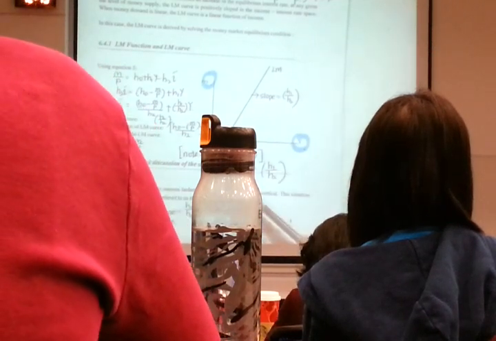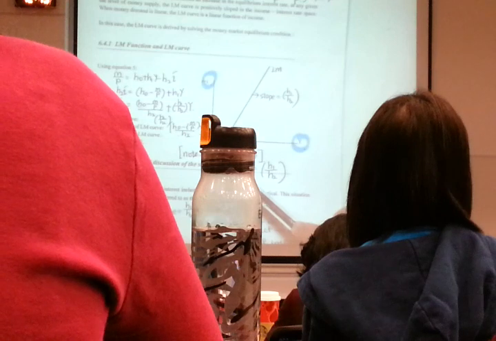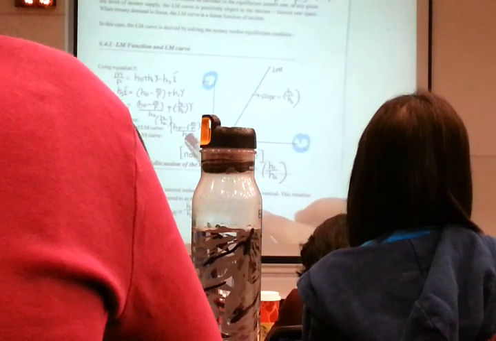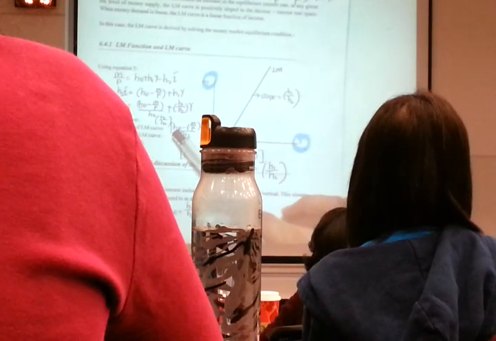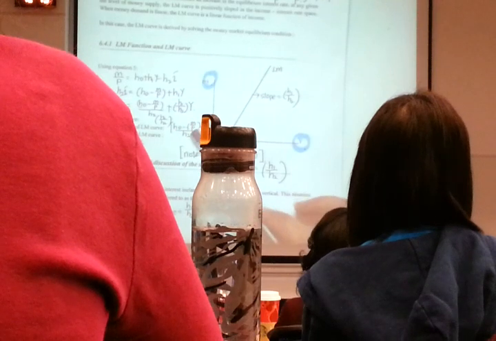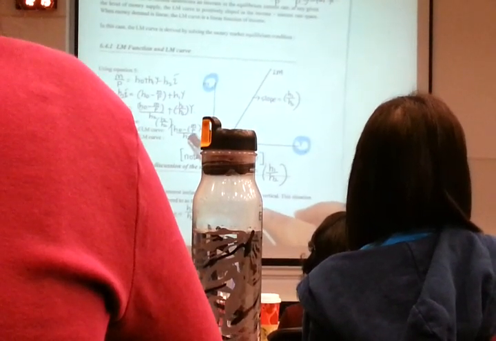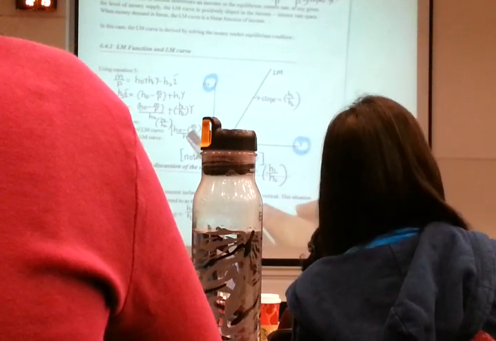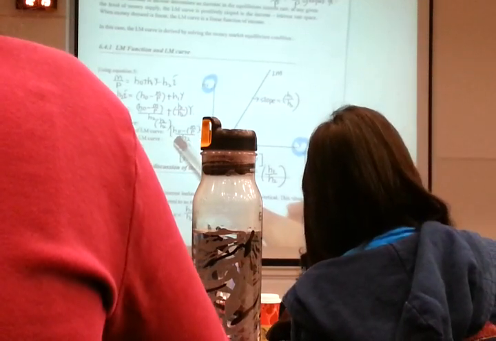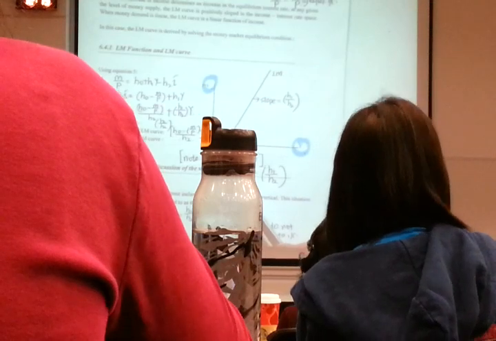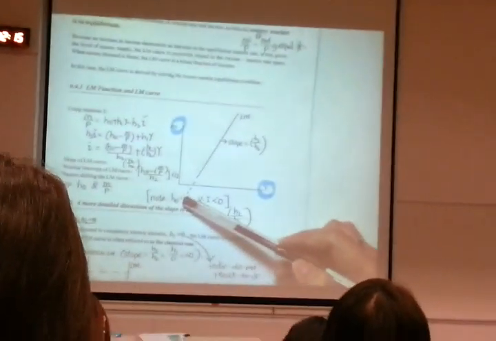However, we take note that the vertical intercept is actually negative, because H0 is the money in our hands. M over P is money supply, and money supply is C plus D. Money supply is definitely larger than H0, or in certain cases, H0 is also negative. So we know it has a negative intercept.